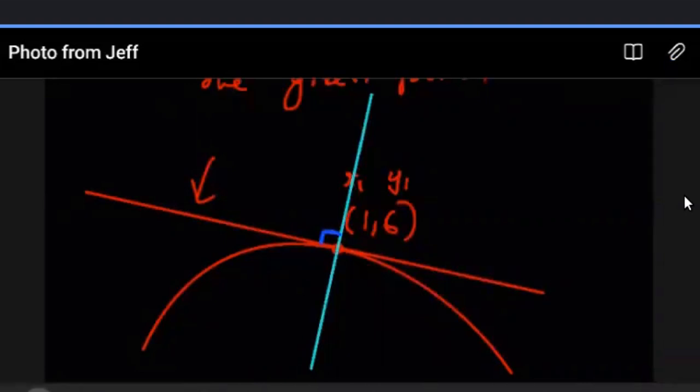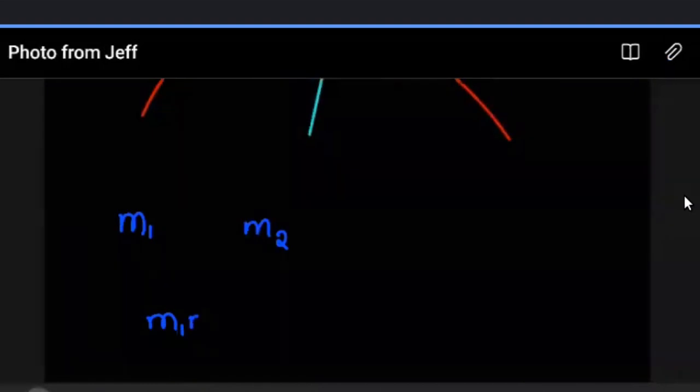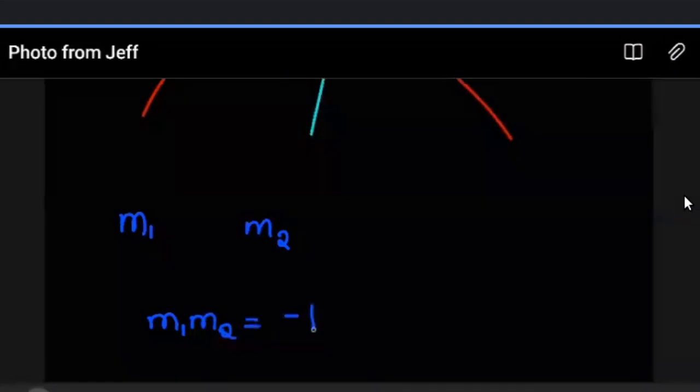All we want to take advantage of is the fact that they are perpendicular. Now, how does it go? Well, if two lines are perpendicular, one line has gradient m1, the other line has gradient m2. If they are perpendicular, then the product of their gradients will be equal to -1. This is if the two lines are perpendicular.